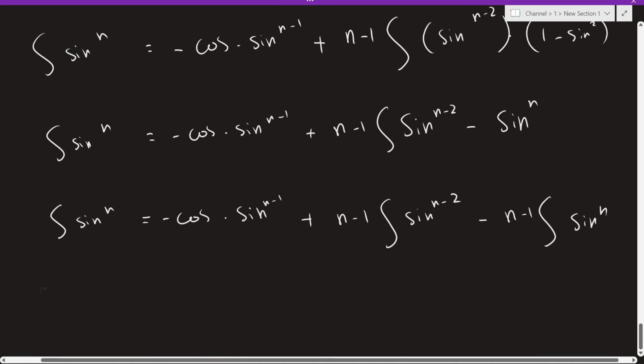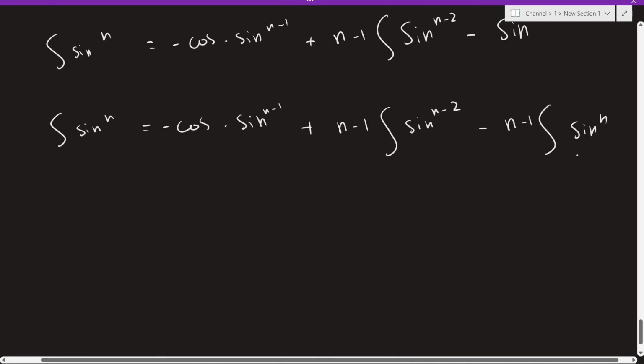Now we can see that there's sin^n on the right, and on the left as well there's sin^n. But the problem is n minus 1, so let's take it to the other side. There's a negative here, so it's going to be positive: plus n minus 1 integration of sin^n. Remember, if this is positive, you cannot move it to the left, because it's going to cancel.